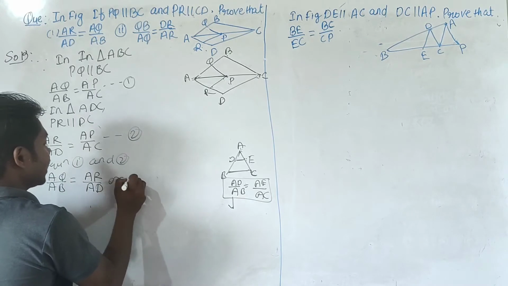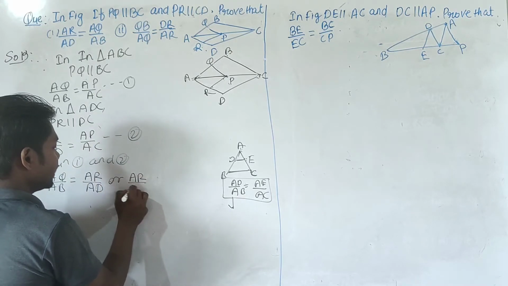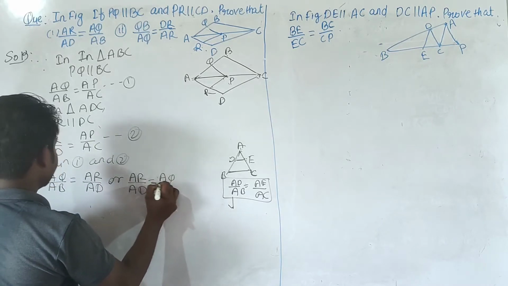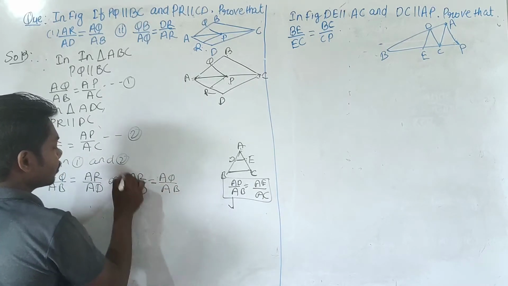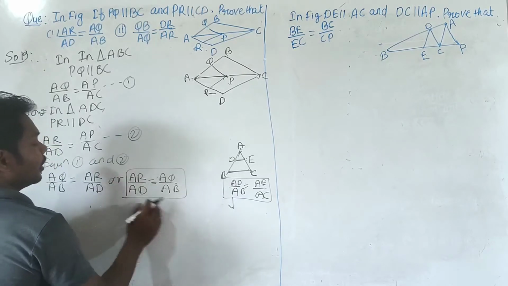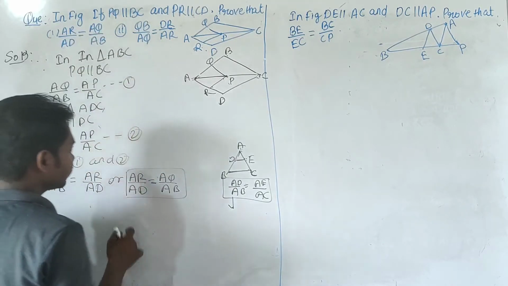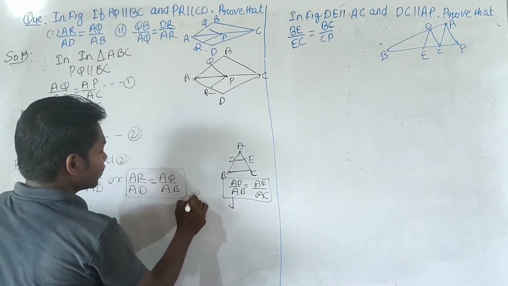Or you can write AR by AD first, then AQ by AB. So this is the first result that we had to prove.